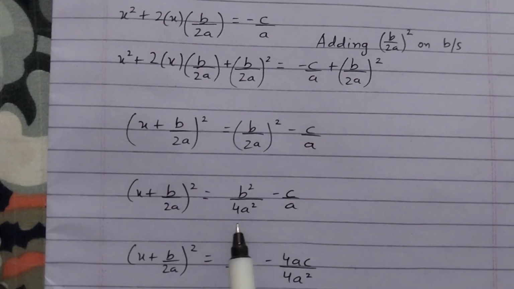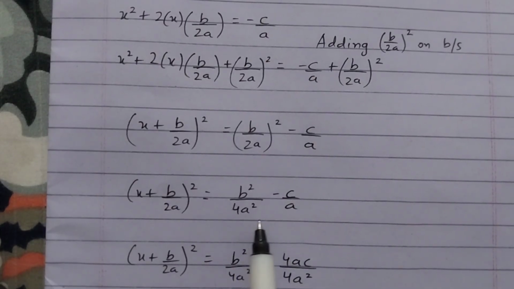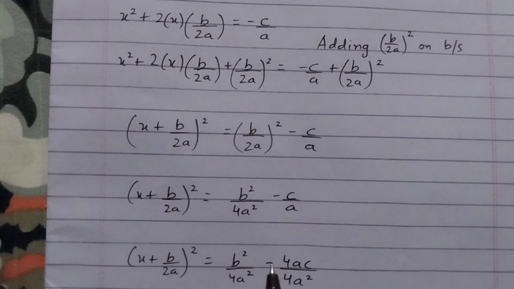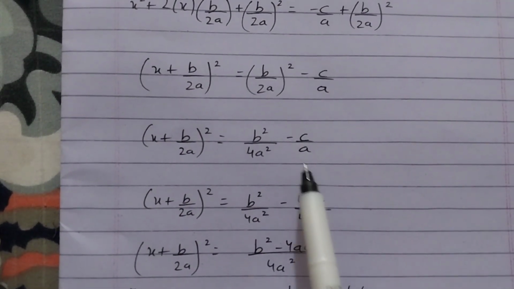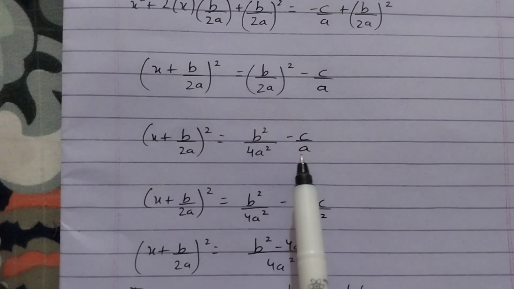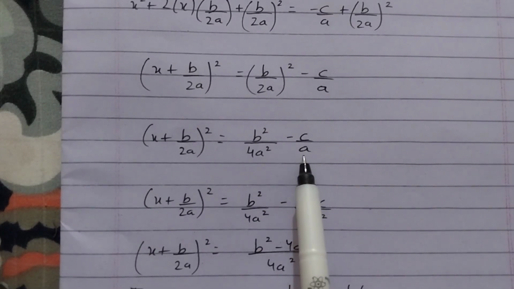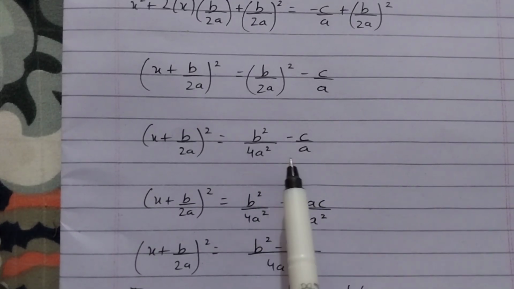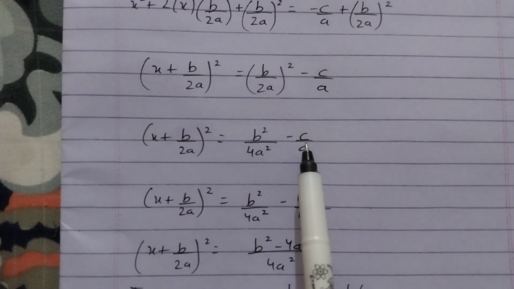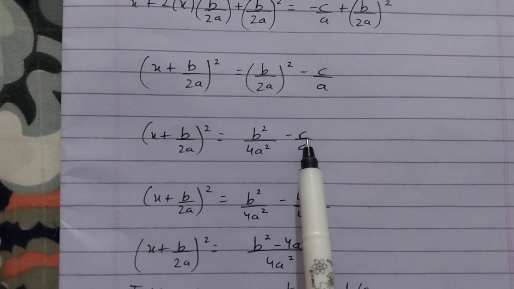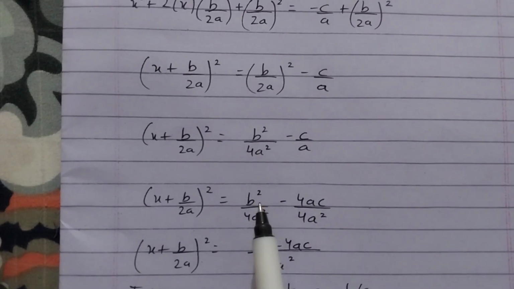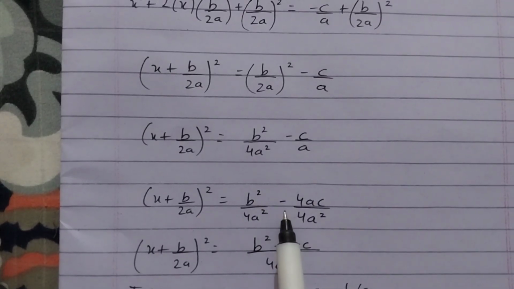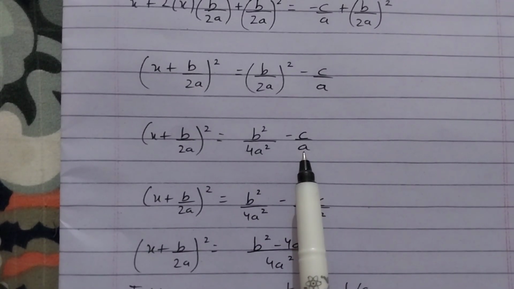Now we need to take the LCM of these two fractions, and for that we need to make the denominators equal. We need to make this 4a squared, and when we do that we also have to multiply this numerator by 4a as well. We are making the denominators equal. So b squared over 4a squared minus this a, when it is multiplied by 4a, it becomes 4a squared.